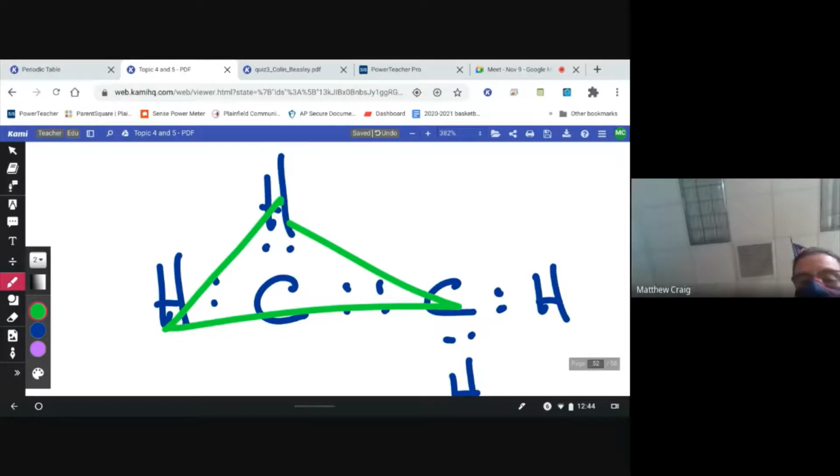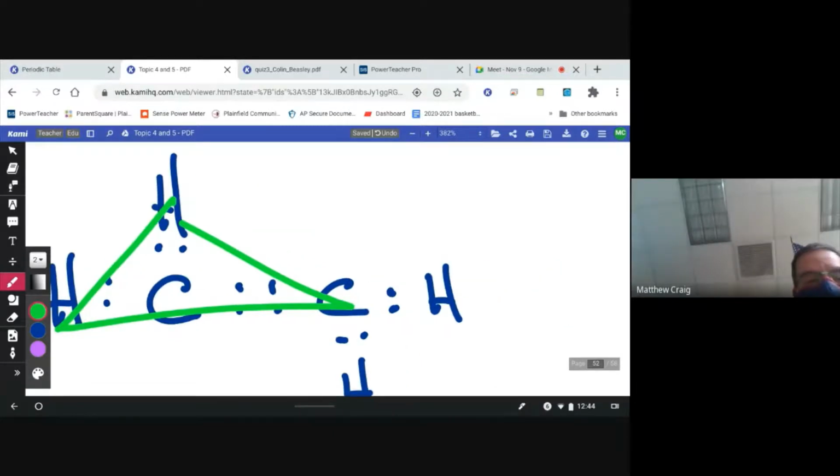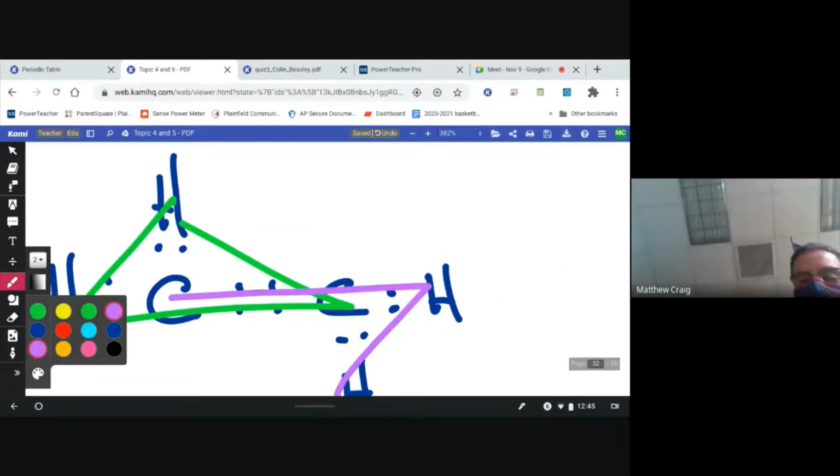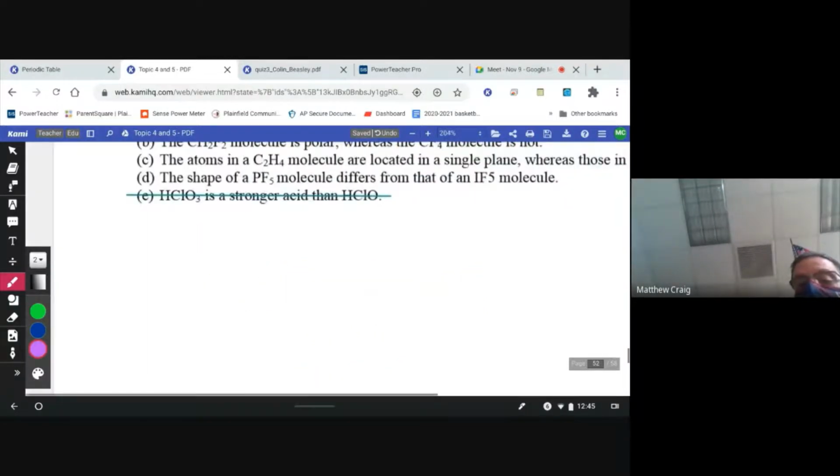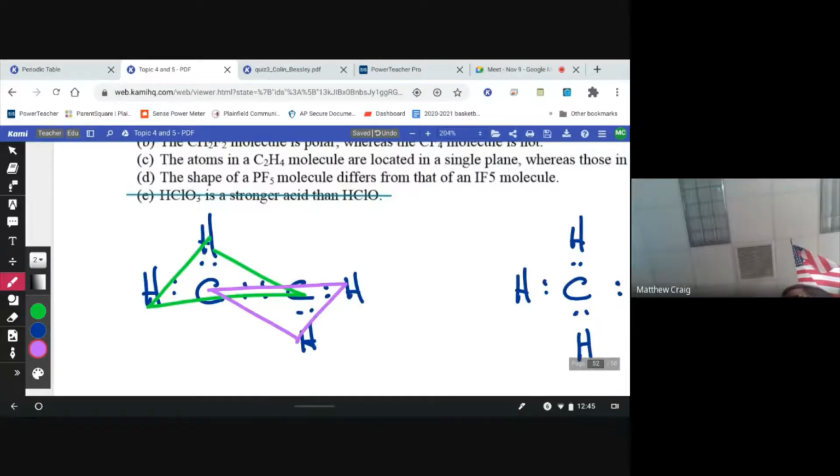Planar. Okay. So what kind of geometry did I draw around that carbon? Planar. So we have two trigonal planars on the same plane.